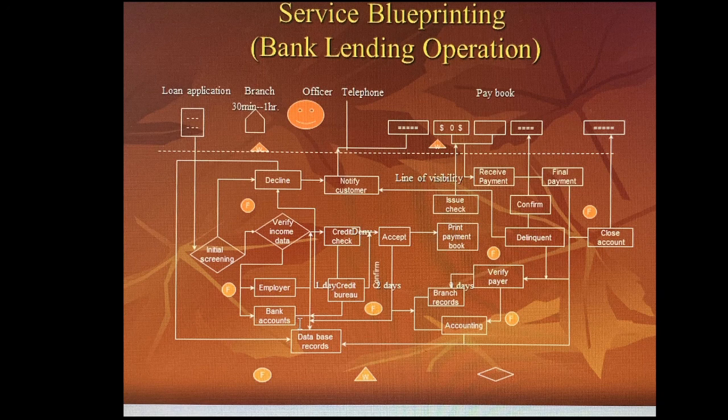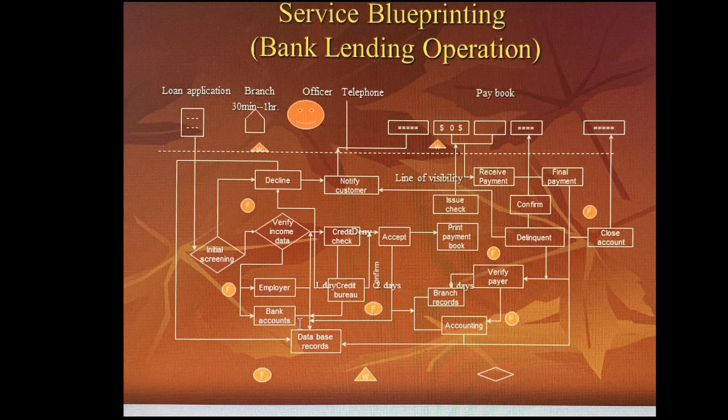Then they go through your branch records, and they print your payment books. They ask you for some checks, and if there is any problem, they check your accounting details.